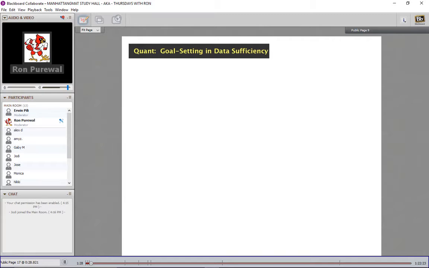Okay, the sample problem that we used last week to illustrate exactly what we mean by goal setting was this. Let's just look at it again. Question is, what is 2x plus 2y? Statement 1, the sum of x and y is 5. Statement 2, the difference between x and y is 2.